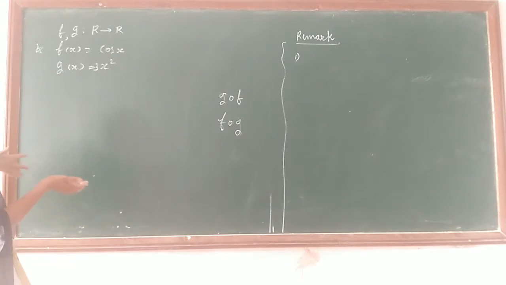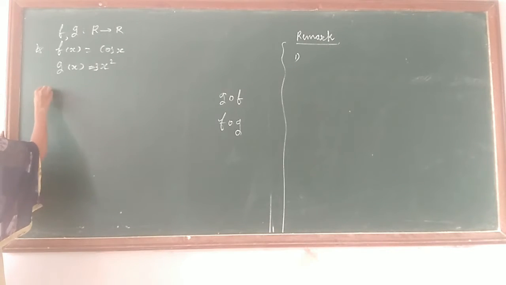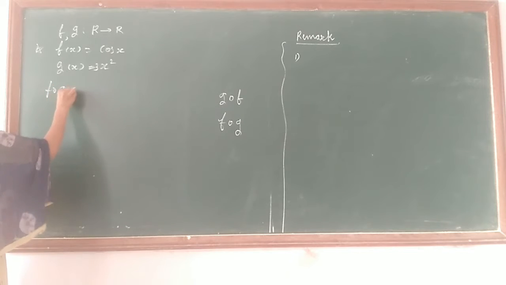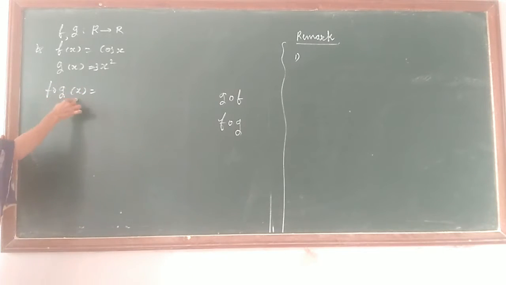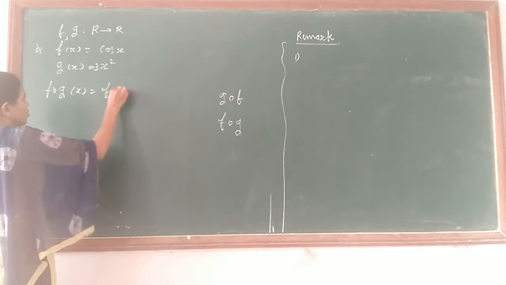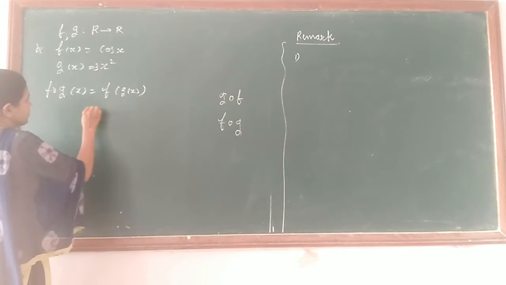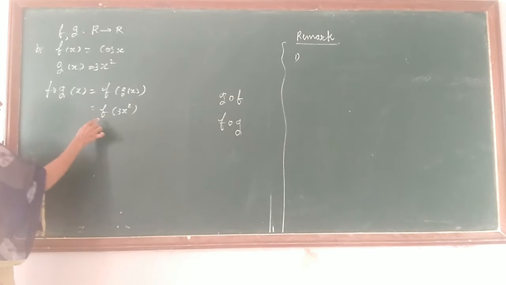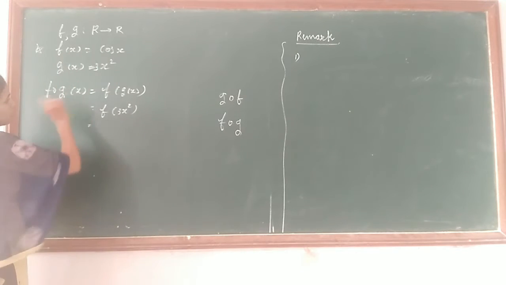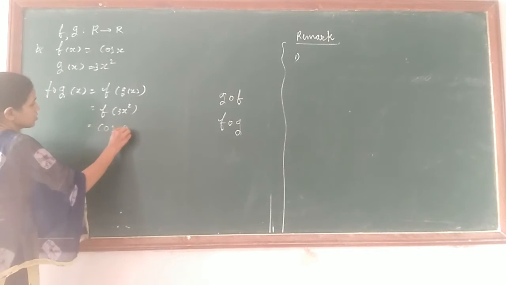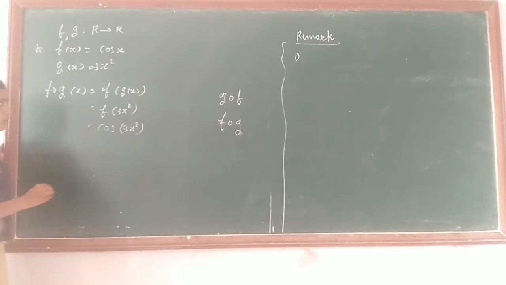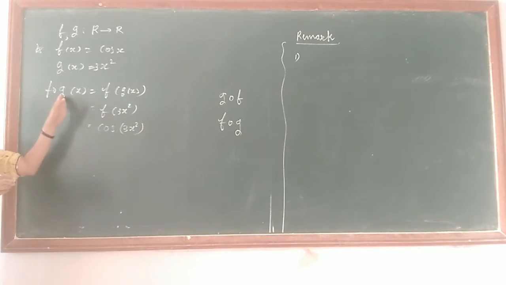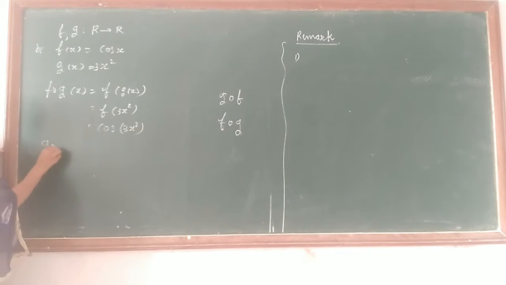So let me check what happens when we find f composed of g. Now f composed of g, that means f of g of x, that means f of g of x, which is 3x square, and f is cos x, so this is cos 3x square. Okay, so this is f composed of g. Now let me find out g composition of f.